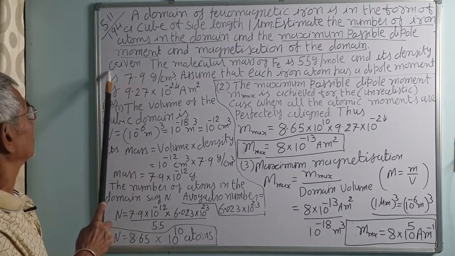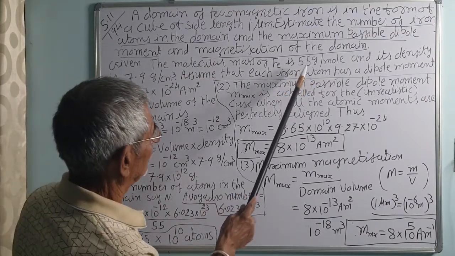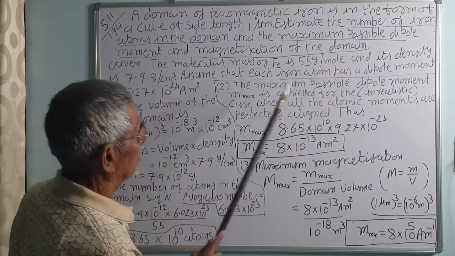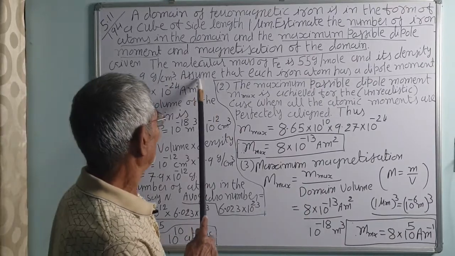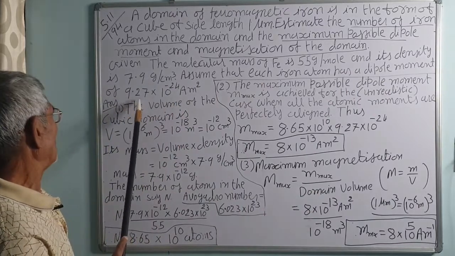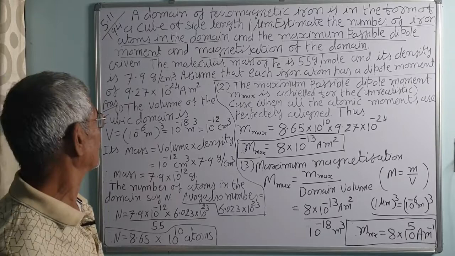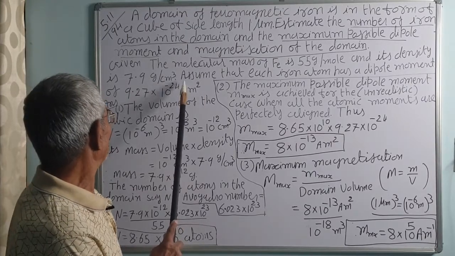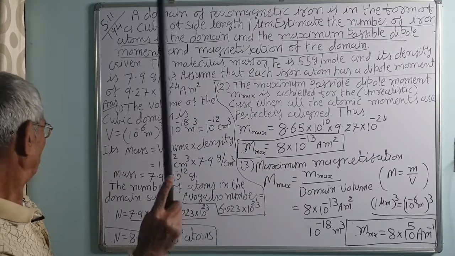Now the answer. Given the molecular mass of Fe is 55 grams per mole and its density is 7.9 gram per centimeter cube. Assume that each iron atom has a dipole moment of 9.27 into 10 raised to minus 24 ampere meter square. That is per atom, this dipole is given. So we have to calculate the number of atoms, correct?